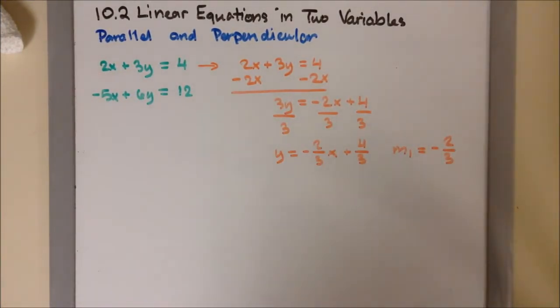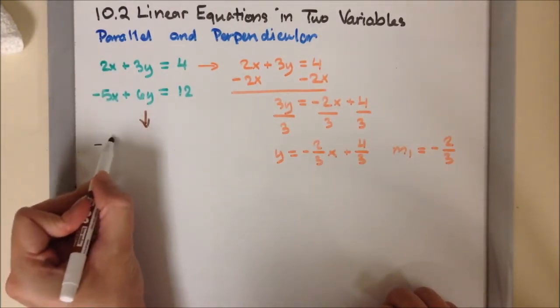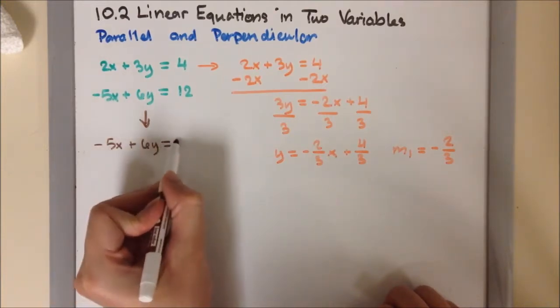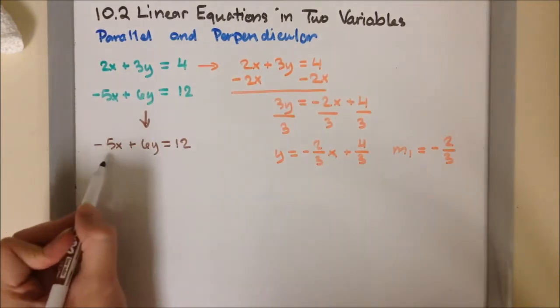So that's my slope. Alright, now let's take a look at the second equation. So negative 5x plus 6y equal to 12. So I'm going to add 5x to both sides.